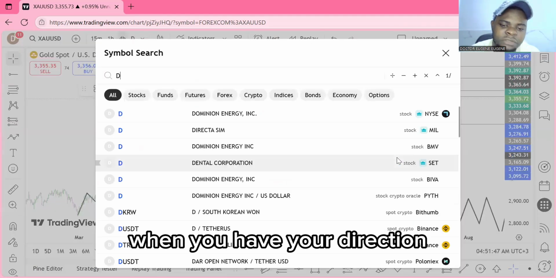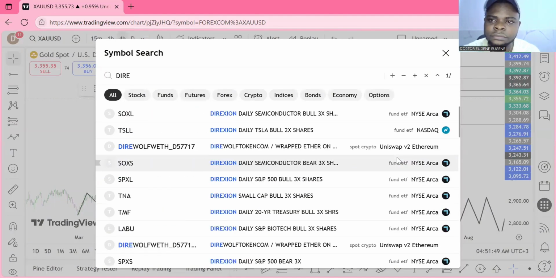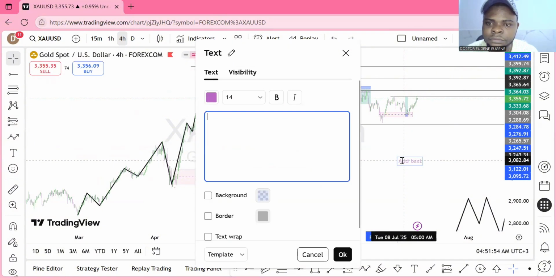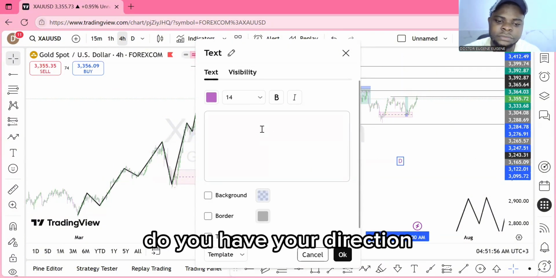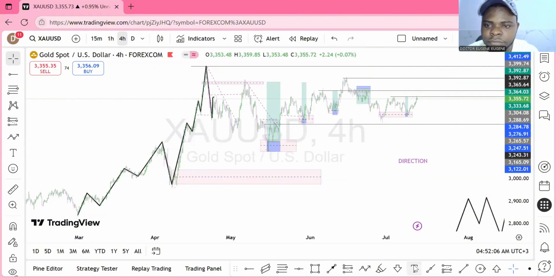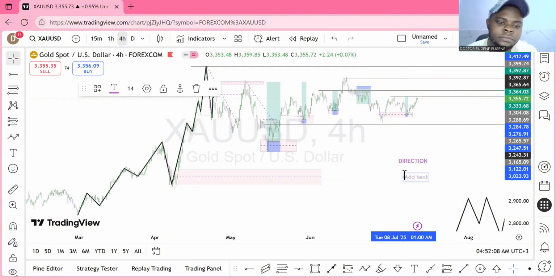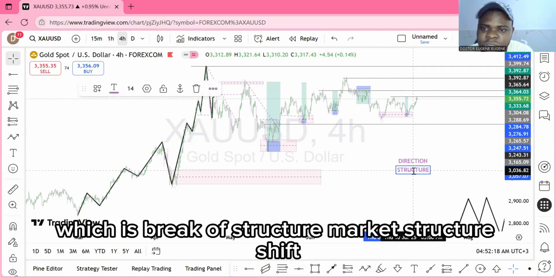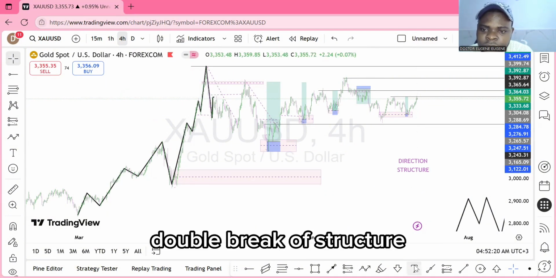So when you have your direction, structure, which is break of structure, market structure shift, double break of structure.